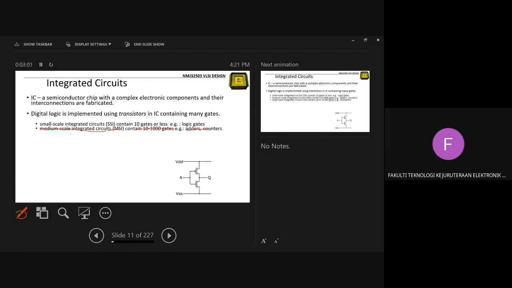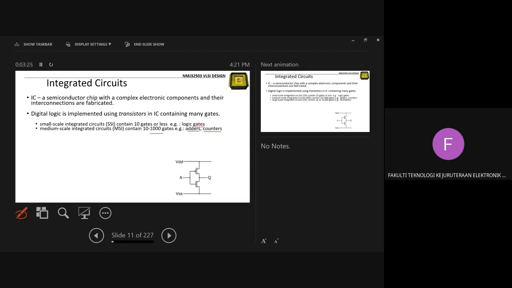And then medium scale integrated circuit, MSI. Okay, so the number of gates during that time, 1000 gates. Then we can implement even higher function of a circuit.